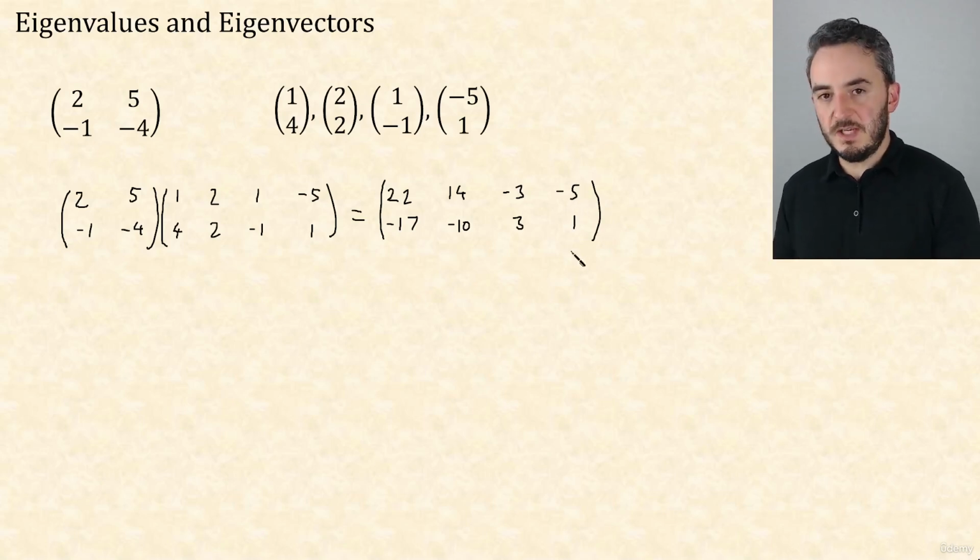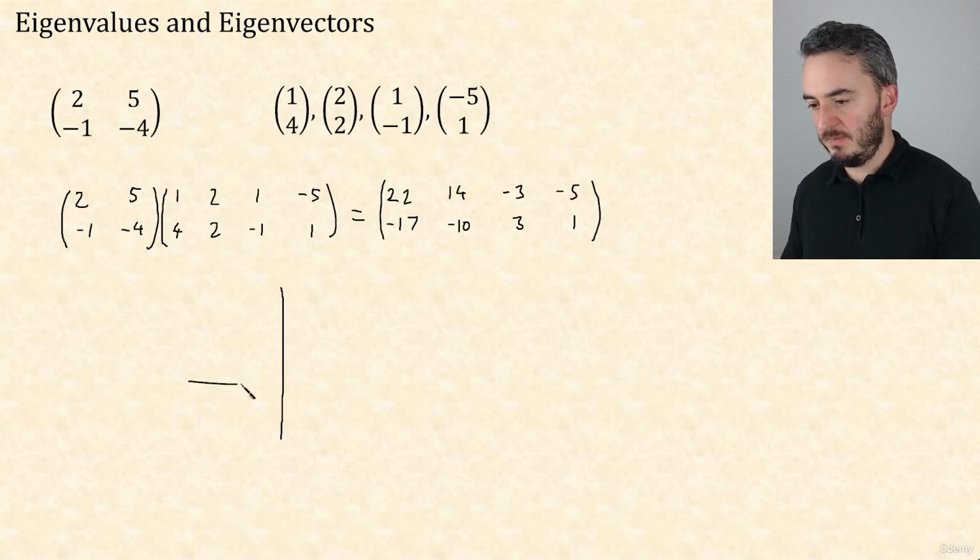So what we can see is that for a given matrix, there are going to be some vectors that get fundamentally changed. What do I mean by this? If I started with the point (1, 4) and the vector connected to it, when I apply this matrix transformation, this gets taken to the point (22, -17). That's way down here in a completely different place.